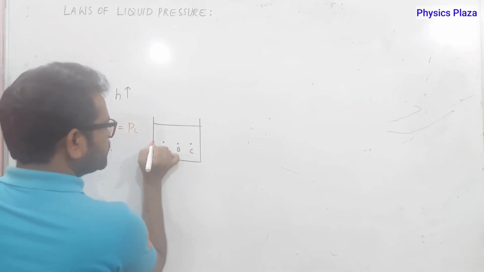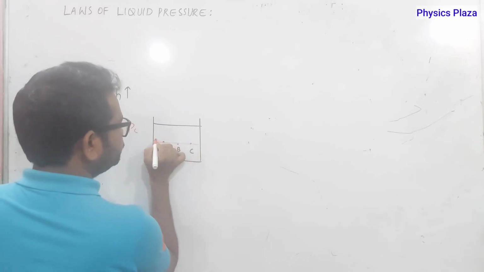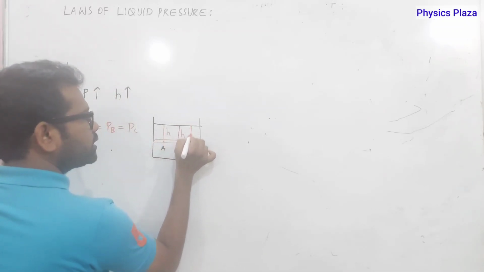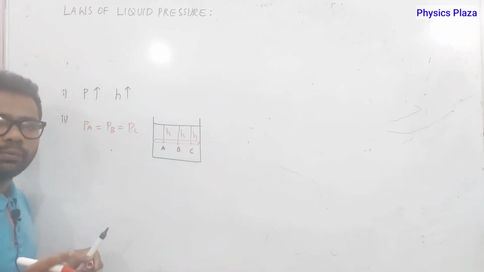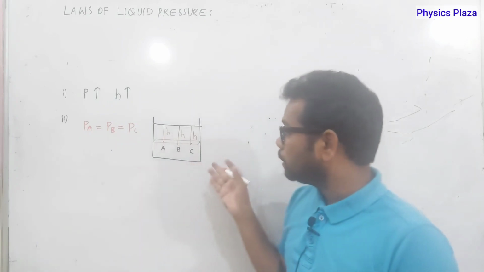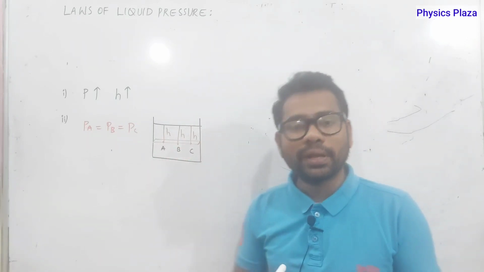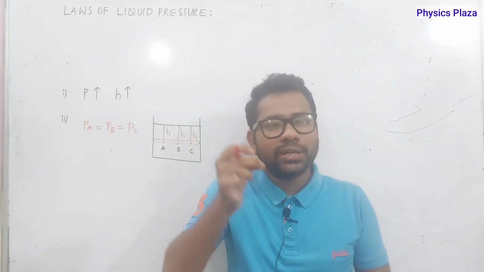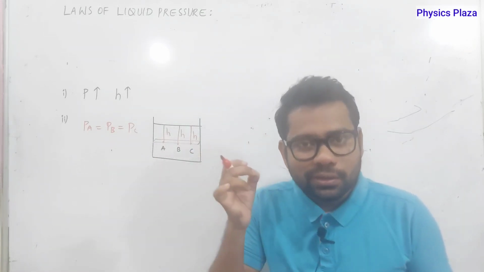These are all on the same horizontal plane, meaning all are at the same depth. It's a very, very important point. So pressure at all points is the same if they are on the same horizontal plane.